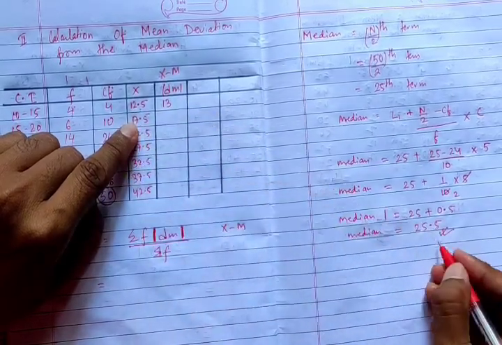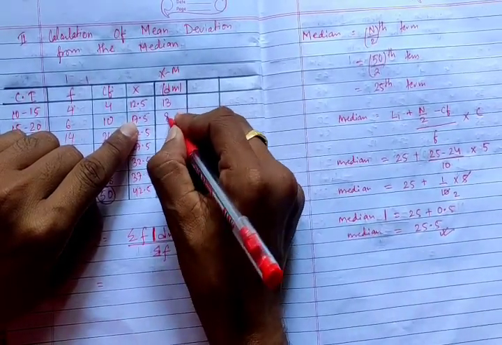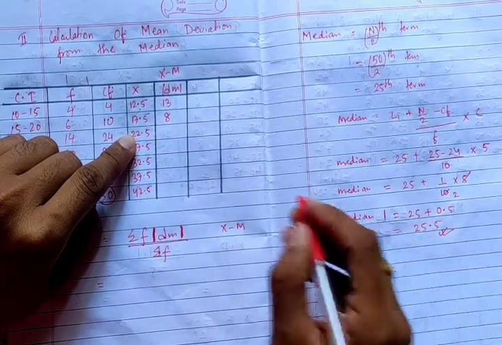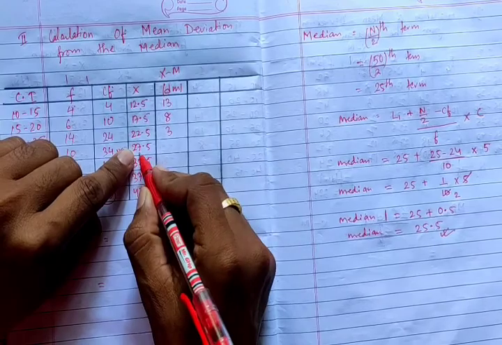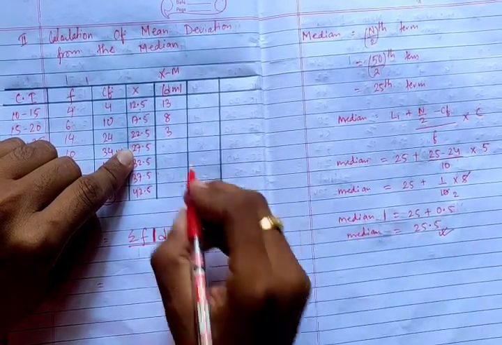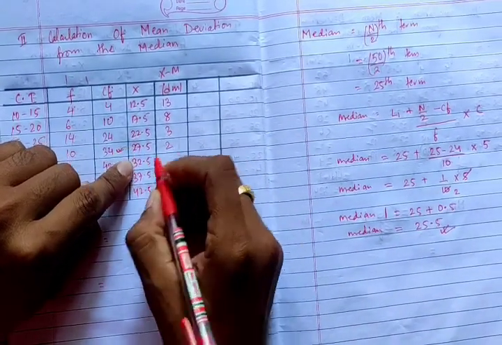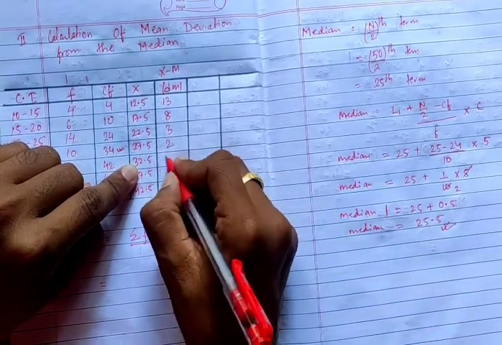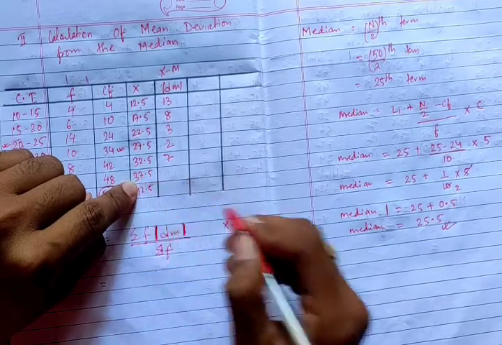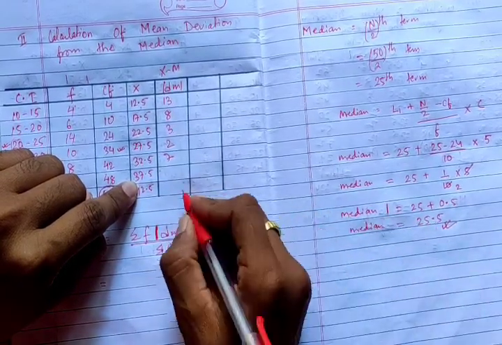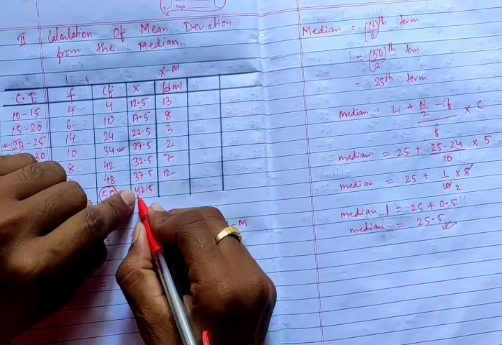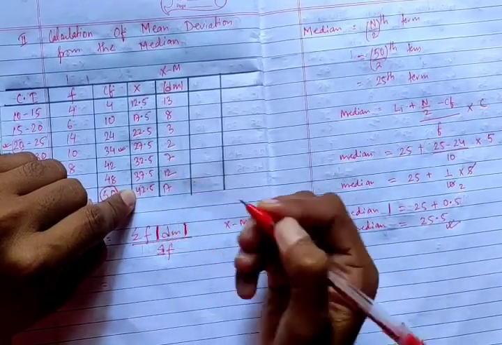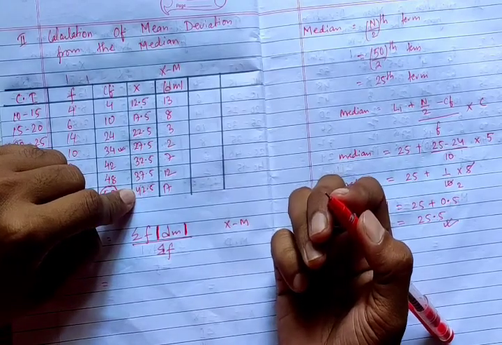Then 17.5 minus 25.5? 8. 22.5 minus 25.5? 3. Then 27.5 minus 25.5 will get 2. Then 32.5 minus 25.5? 7. Then 37.5 minus 25.5? 12. Then 42.5 minus 25.5 will get 17.